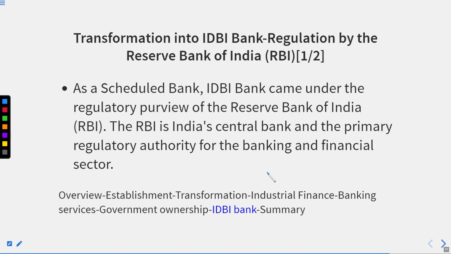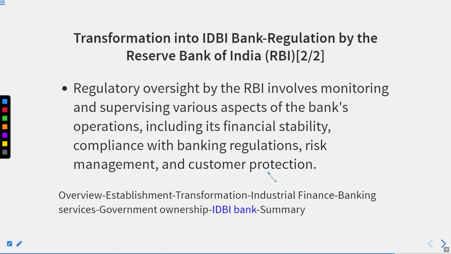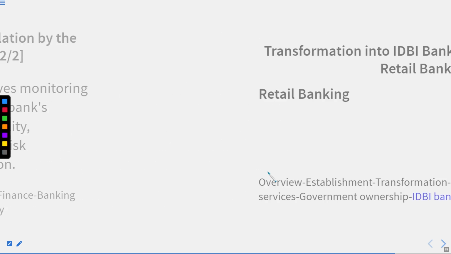Thereafter, as a scheduled bank, IDBI Bank came under the regulatory purview of the Reserve Bank of India. The RBI is India's central bank and the primary regulatory authority for the banking and financial sector. Regulatory oversight by the RBI involves monitoring and supervising various aspects of the bank's operations, including its financial stability, compliance with banking regulations, risk management, and customer protection.